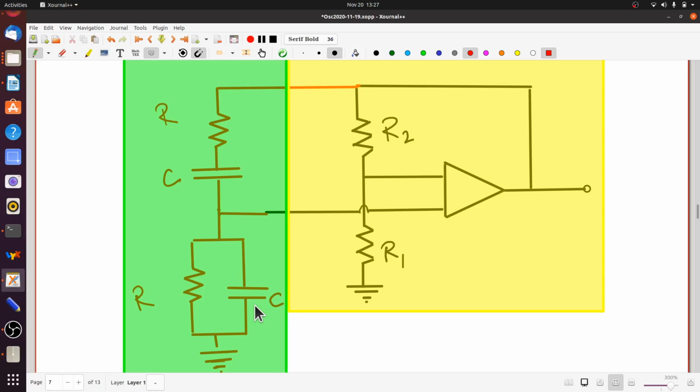Once the output becomes big, a larger amount of current is going to flow through R1, that's going to heat it up more, and you're going to end up with a bulb which is hotter and hence has more resistance. So here you have a situation that the gain could be kept large to begin with small R1, but as the output grows, the gain falls.